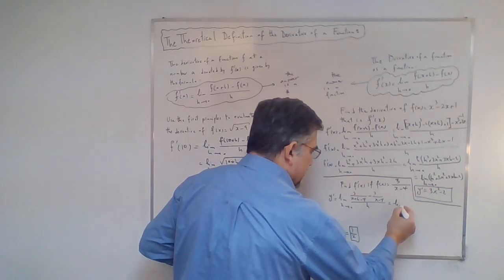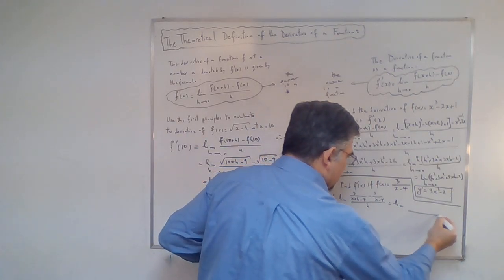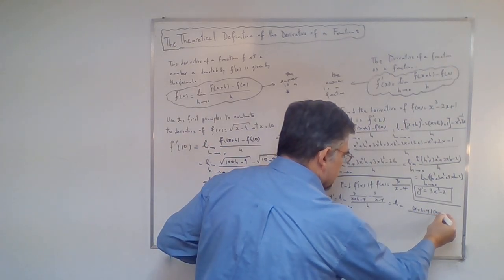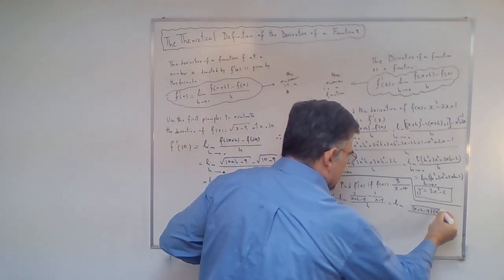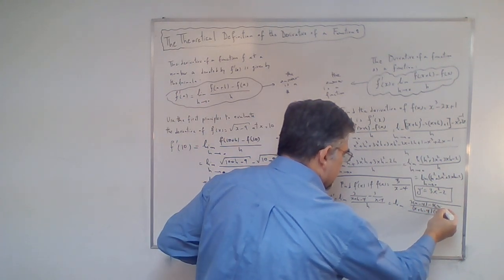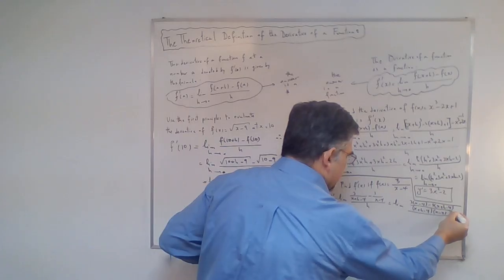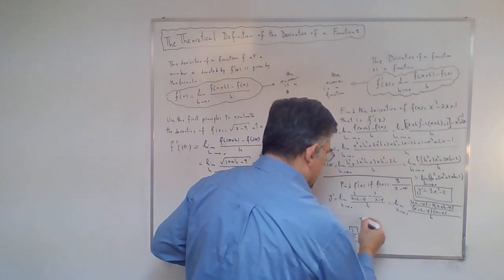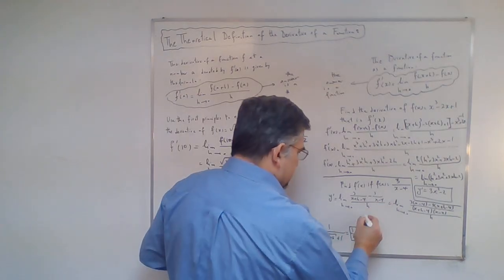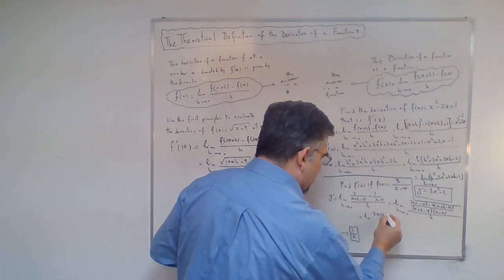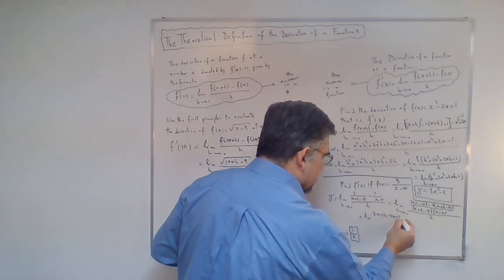So now we end up with limit of, we find the lowest common denominator, (x plus h minus 4) times (x minus 4). So it's going to be 3 times (x minus 4) minus 3 times (x plus h minus 4), and then all over h when h approaches 0. We have to simplify. So we get 3x minus 12 minus 3x minus 3h plus 12 in the numerator.